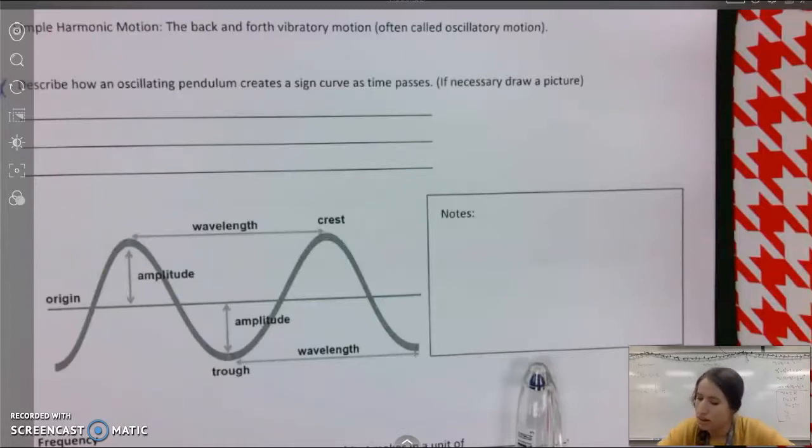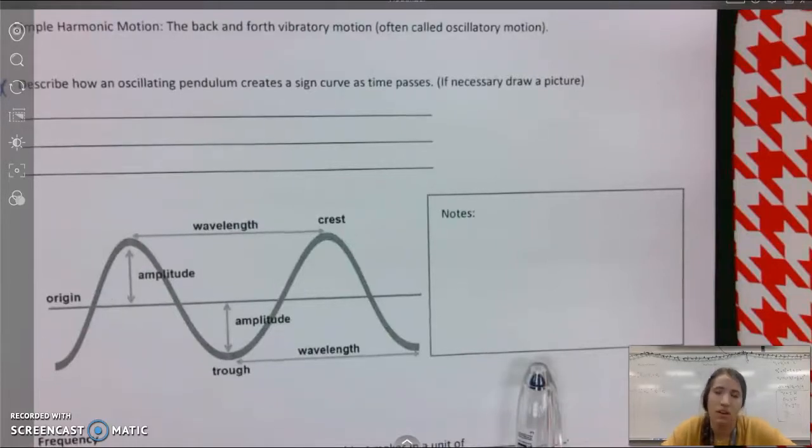Okay. So we've talked about wavelength and amplitude. Reminder about period: the time it takes for a complete wave or vibration to occur.